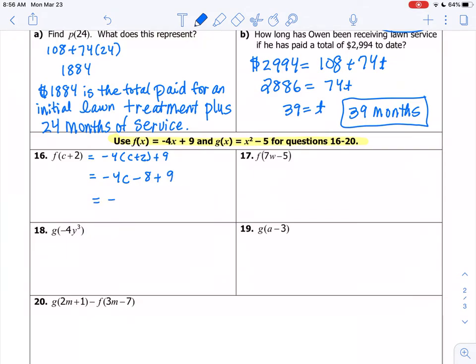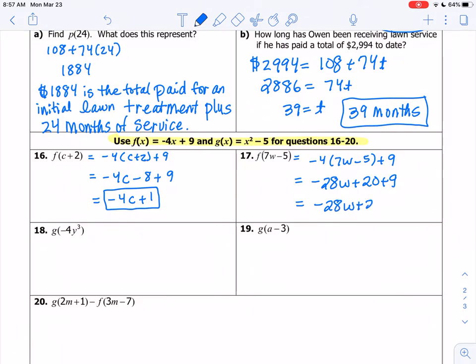And then if you add your like terms, you get negative 4c plus 1. Okay, on number 17, if we plug in 7w minus 5 into the f of x function, then we have negative 4 times 7w minus 5 plus 9, which gives us negative 28w plus 20 plus 9, which gives us negative 28w plus 29.